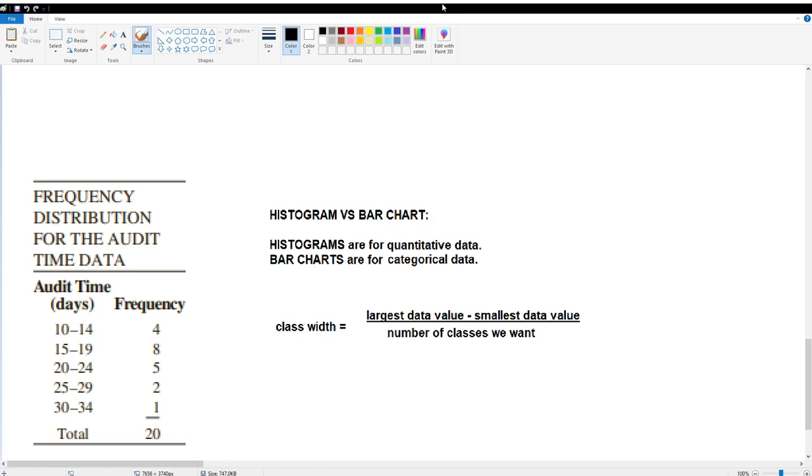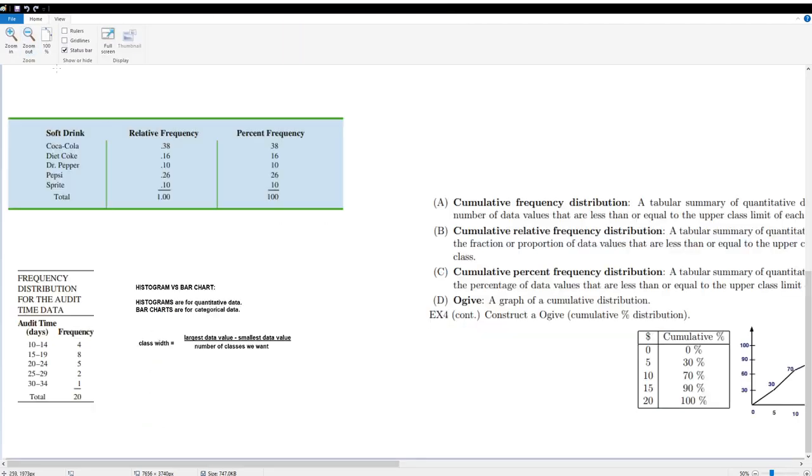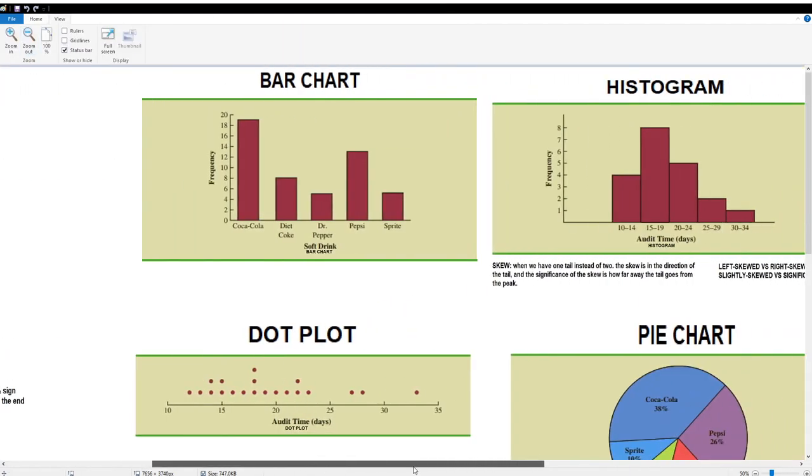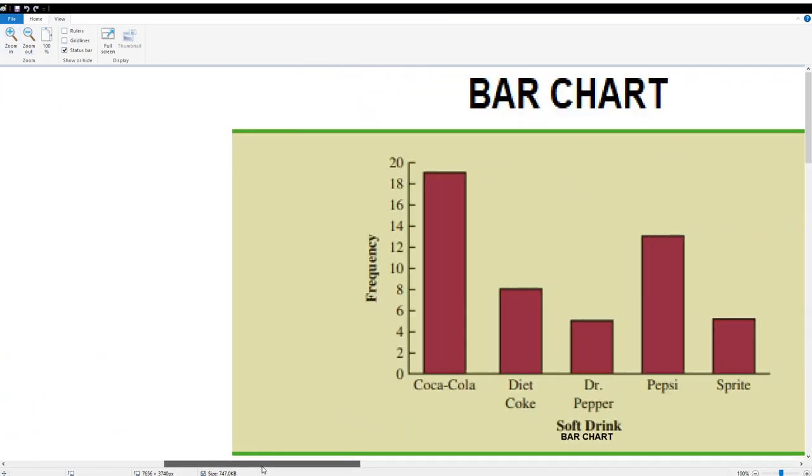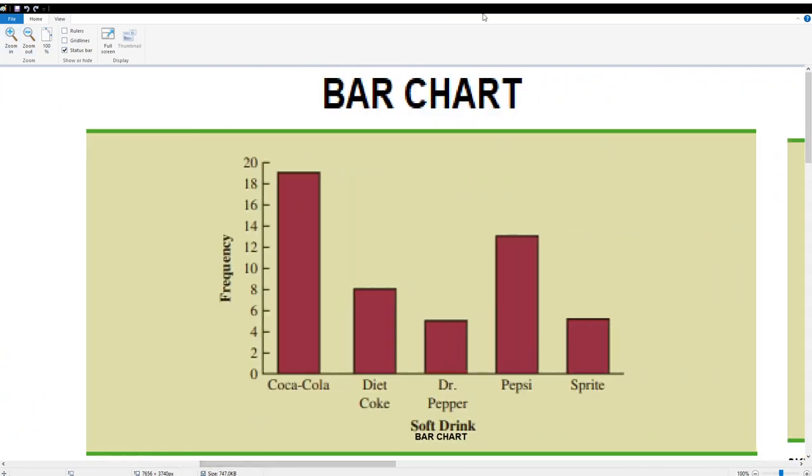Again, key point there: histograms for quantitative, bar charts for categorical. Here we have our bar chart, and this bar chart is of the soft drink preferences. You can put it in frequency form.